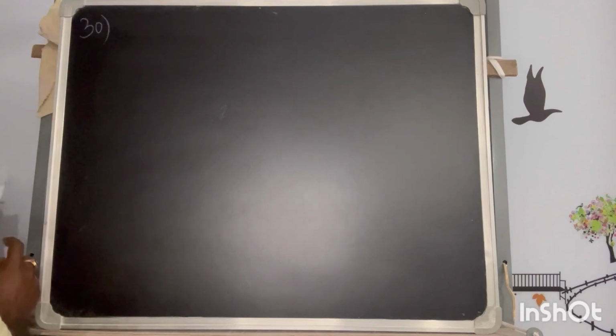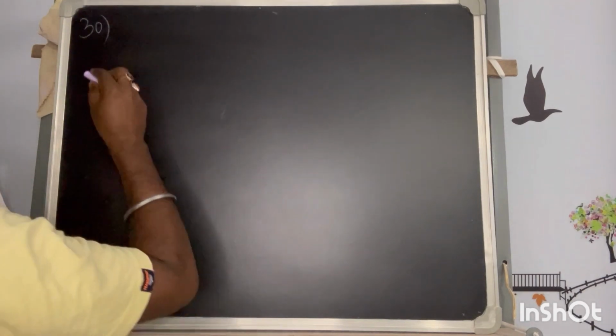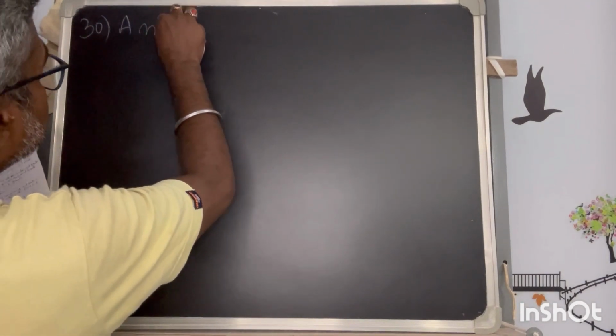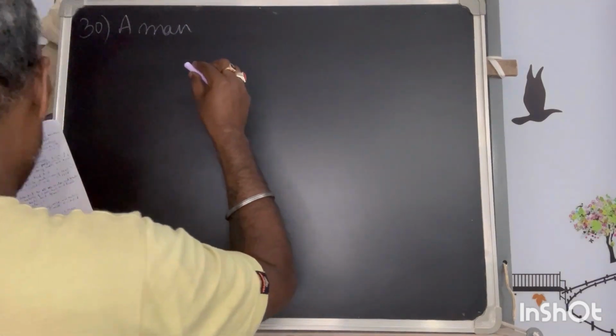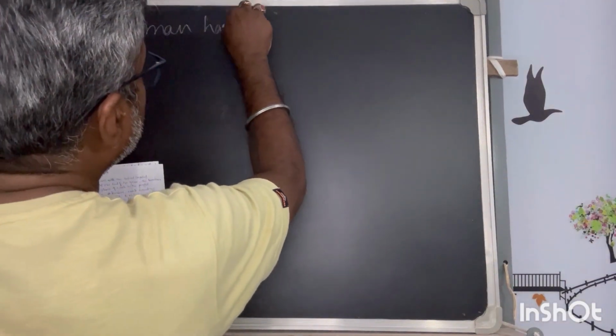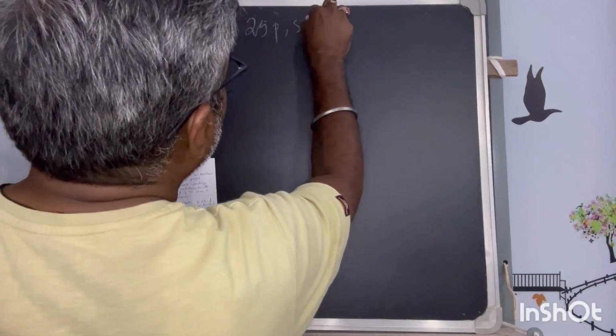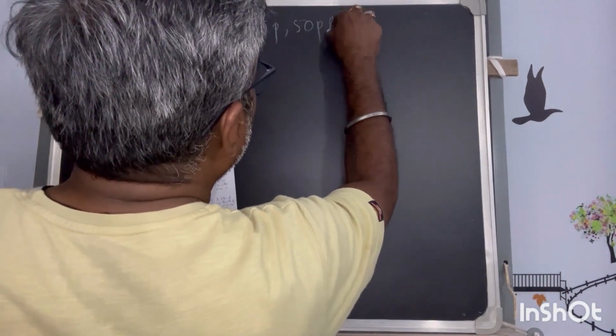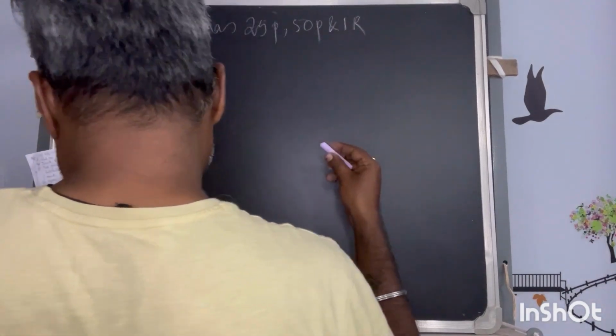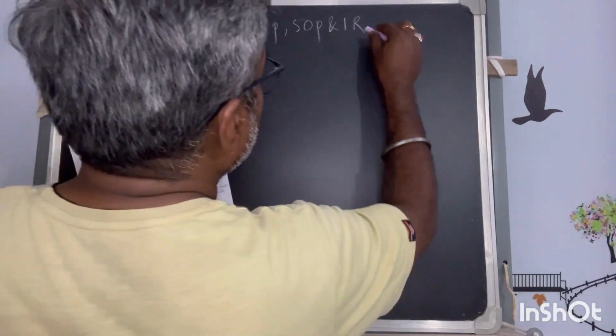The number 30 problem says a man has 25 paisa, 50 paisa and 1 rupee coins.